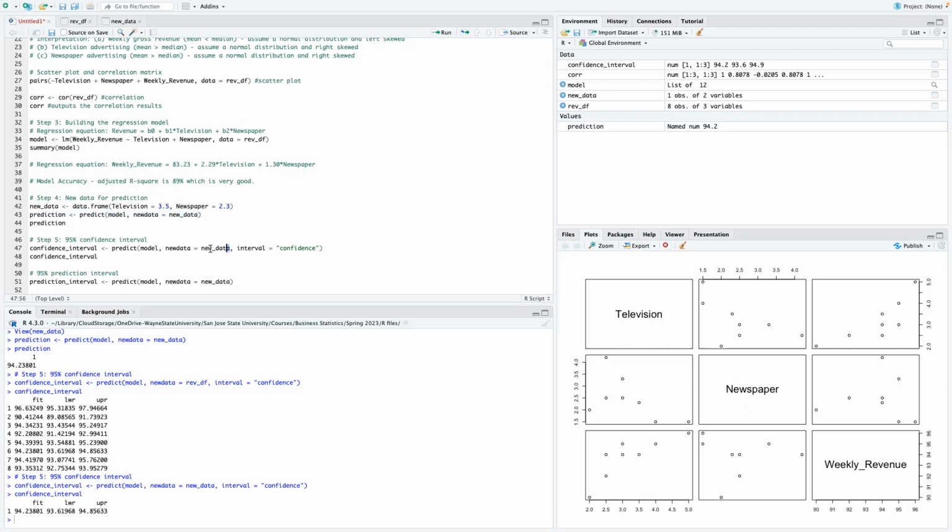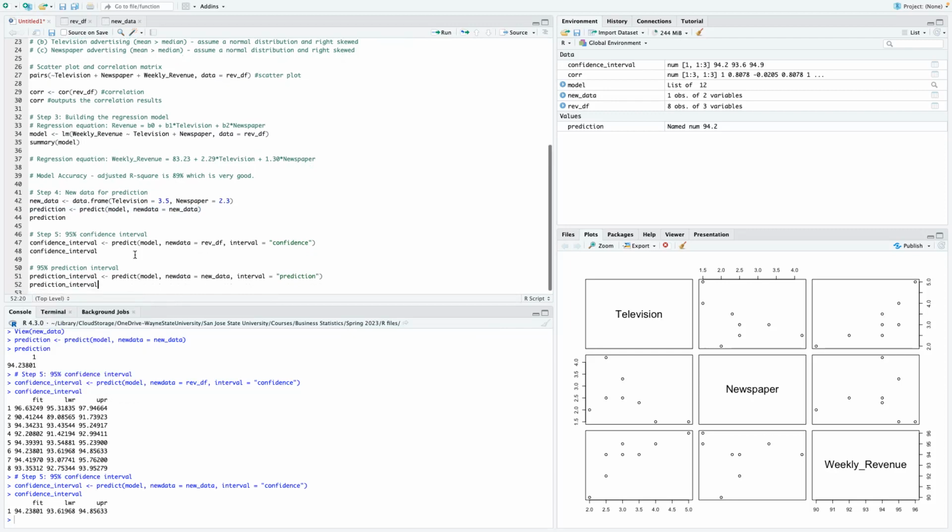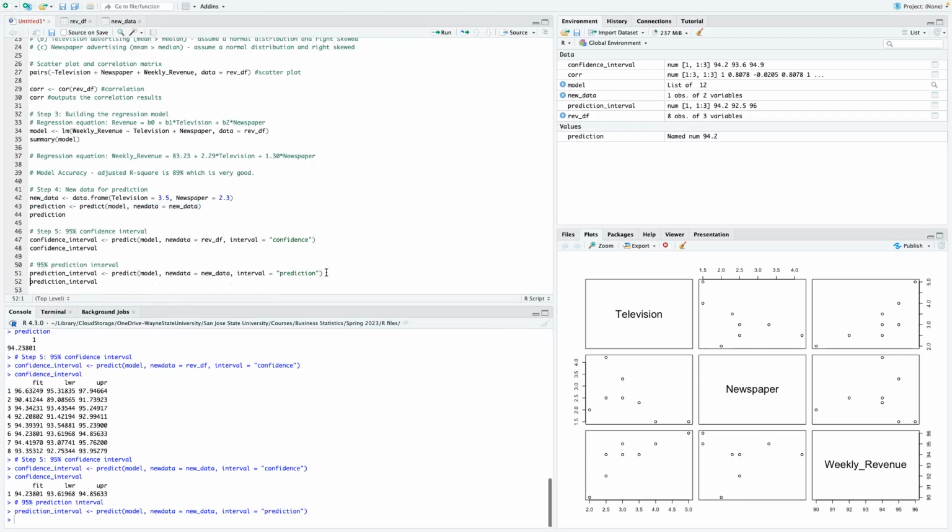And then, not to confuse anybody, I'm going to put this as rev_df back. Then new data, we would have interval, and then this would be prediction. All right, so this is the prediction interval. Let's run this.